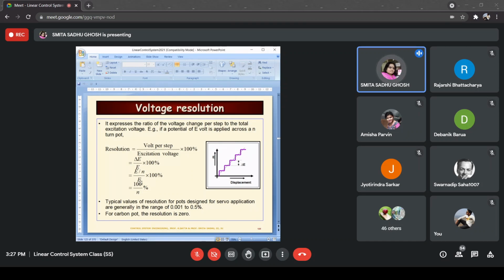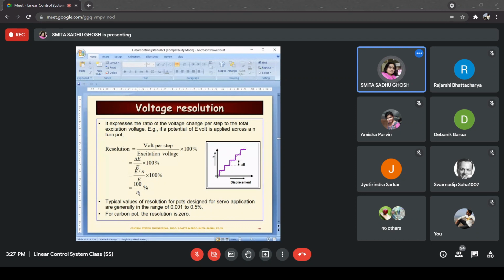If we have a potentiometric error detector excited by 50 volts with 100 turns, and another excited by 120 volts with again 100 turns, then the resolution of both is going to be 100 by N, which is 100 by 100 turns.